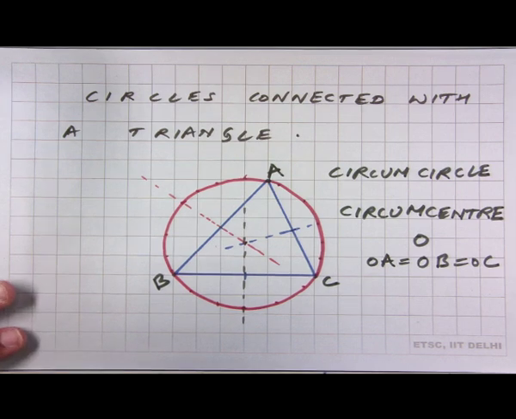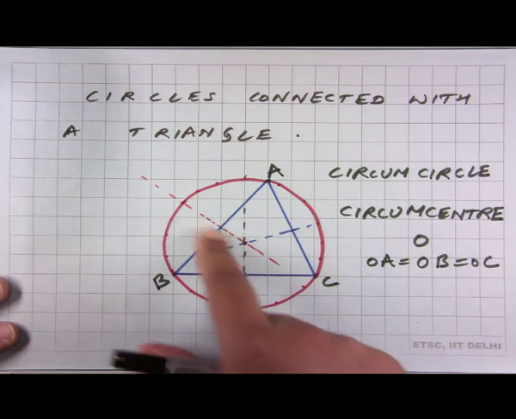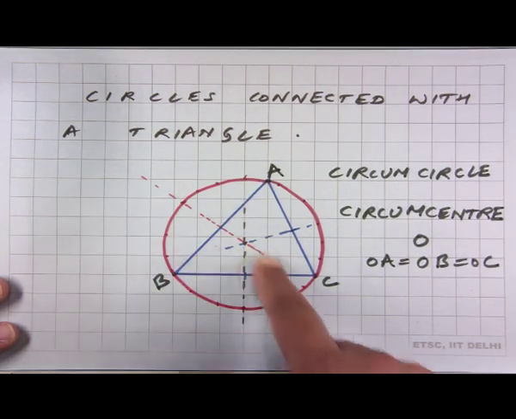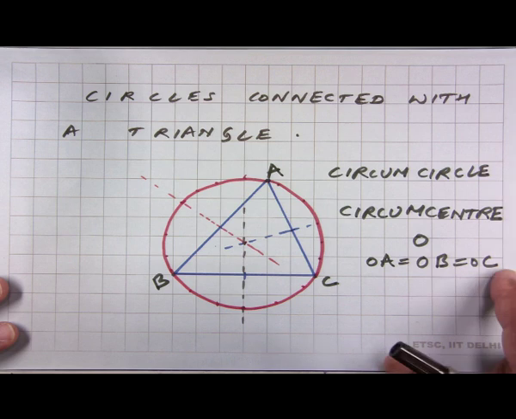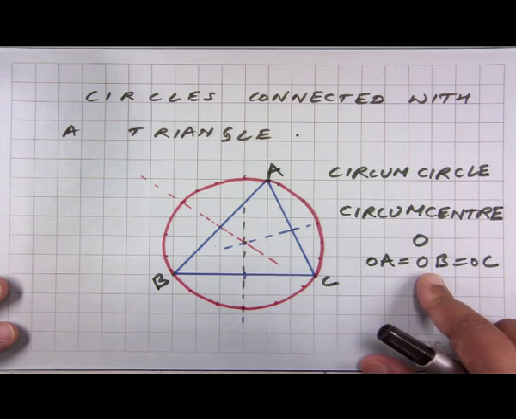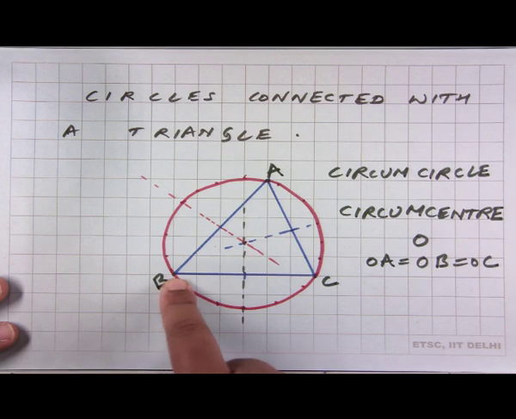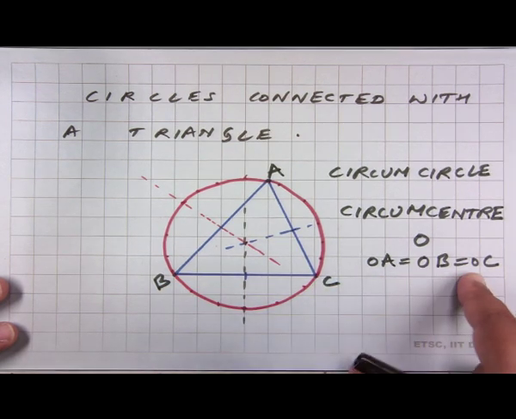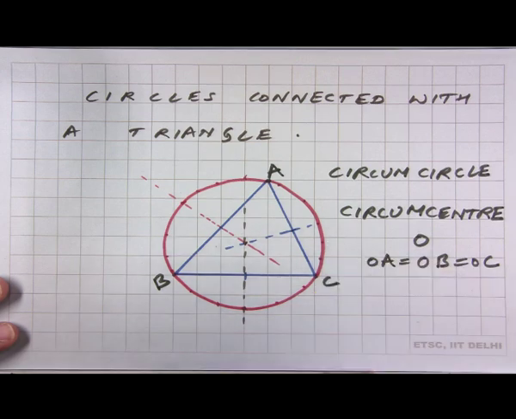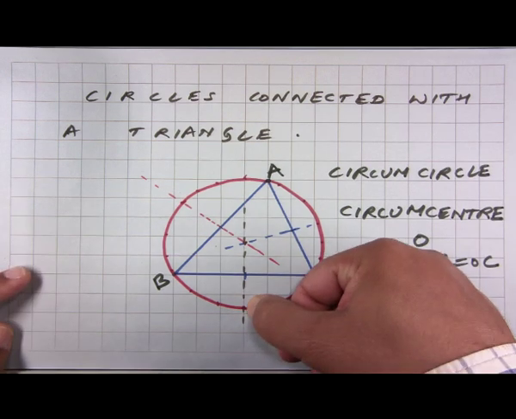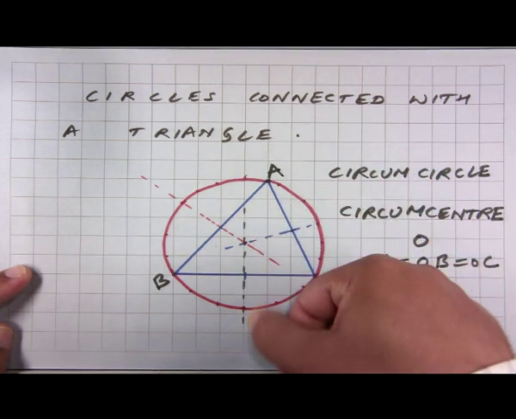Similarly, we know that the center should be somewhere on the red dotted line. Since OB is equal to OC, the circumcenter O must also lie on the perpendicular bisector of the line segment BC, because O is at equal distance from both B and C. I have drawn this perpendicular bisector with a black dotted line.